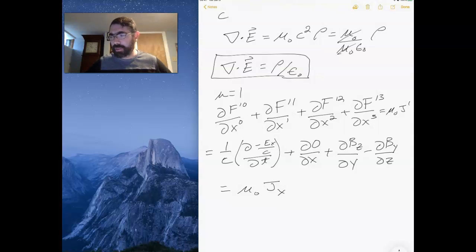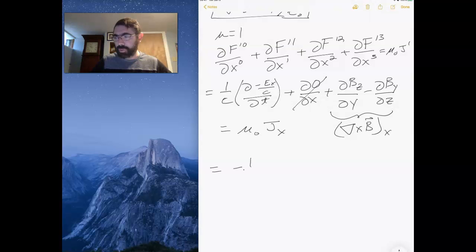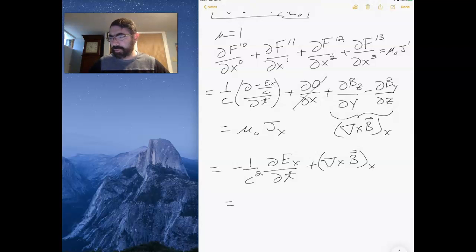Okay, so now we'll kind of clean this up. This is 0, and these two terms together give me the x component of the curl of the magnetic field. So what I'm left with then is minus 1 over c squared, the derivative of Ex with respect to time, plus the curl of B, but just the x component of it, is now equal to mu 0 jx.